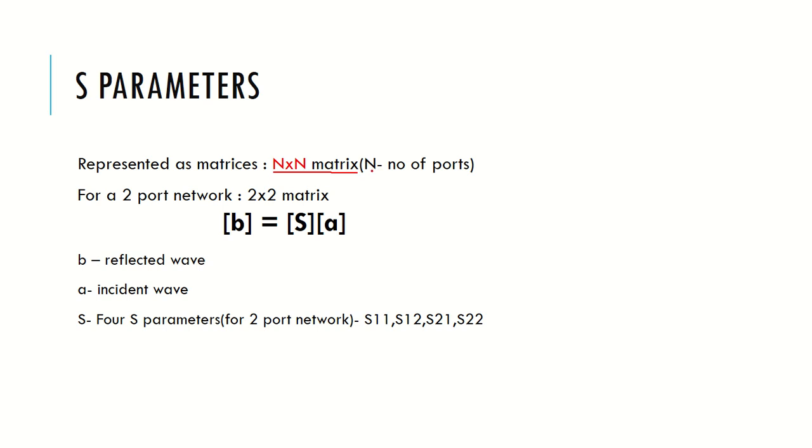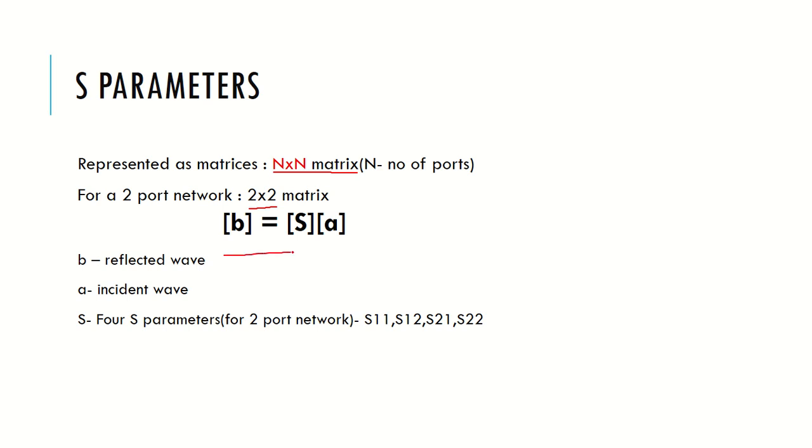If I take a two-port network, I represent it as a 2 cross 2 matrix, because for a two-port network, 4 S parameters are there: S11, S12, S21 and S22. So for 4 parameters, we represent it as a 2 cross 2 matrix. In general, for n ports, we will have an n cross n matrix.